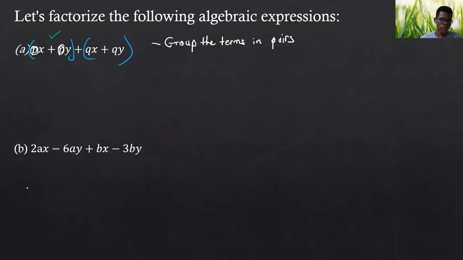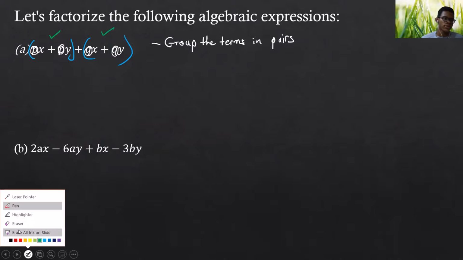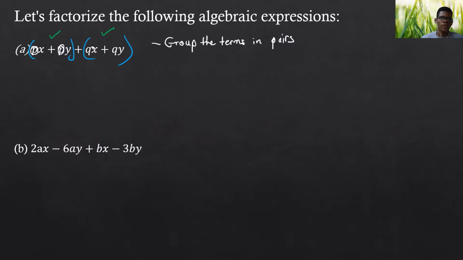Next, we come over to the second pair. Ensure you have common factors in both terms. Q is in both terms, which means we can factorize properly. That pair is also checked off, green light. So we have 2 green lights, at least the 2 groups work.